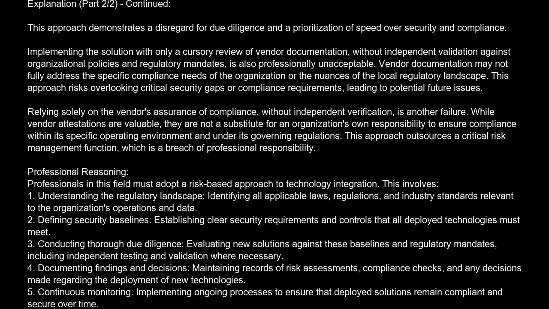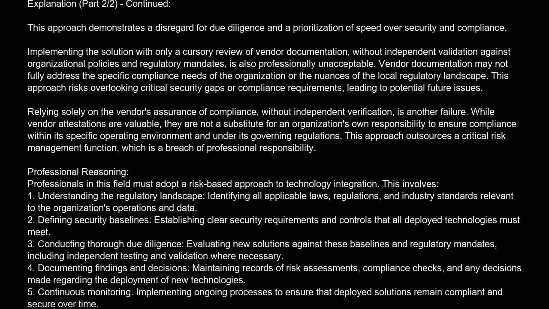Professional reasoning. Professionals in this field must adopt a risk-based approach to technology integration. This involves: 1. Understanding the regulatory landscape, identifying all applicable laws, regulations, and industry standards relevant to the organization's operations and data. 2. Defining security baselines, establishing clear security requirements and controls that all deployed technologies must meet. 3.